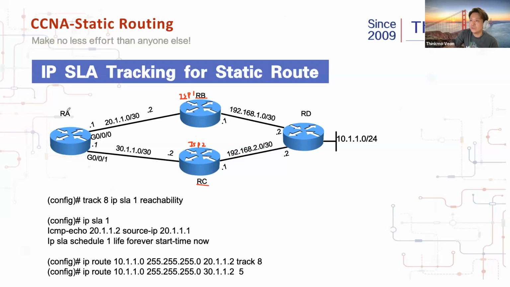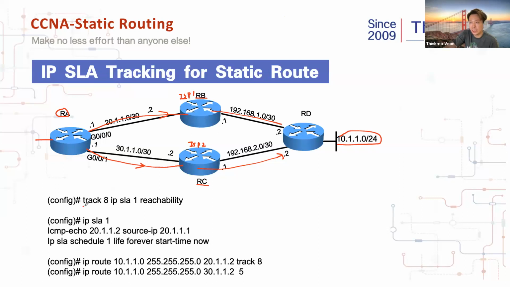So from RA, which is our customer or client router, we need to go to the internet, for example, sitting behind 10.1.1.0. So if we want to go this way, or we have the other way here as a backup path. We can configure that in case this primary path fails, this secondary will take over as a backup route.